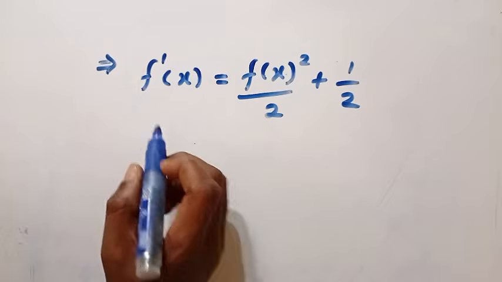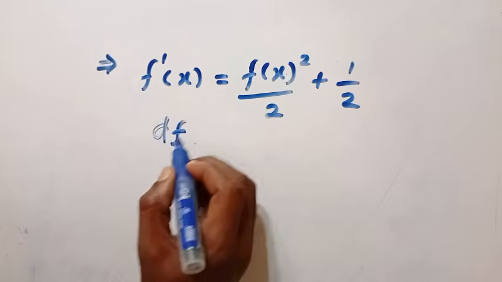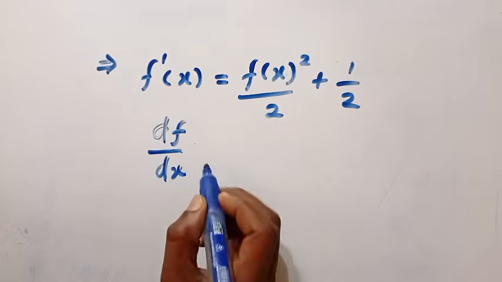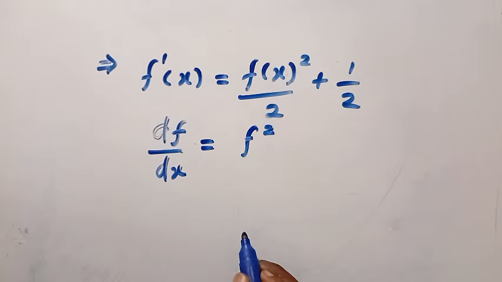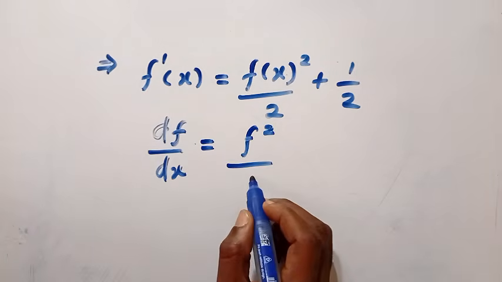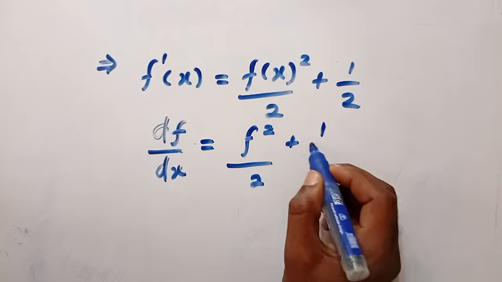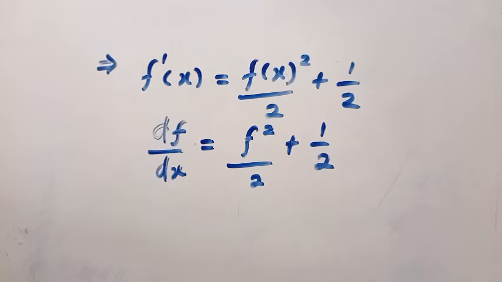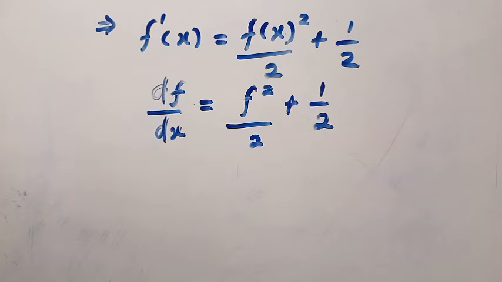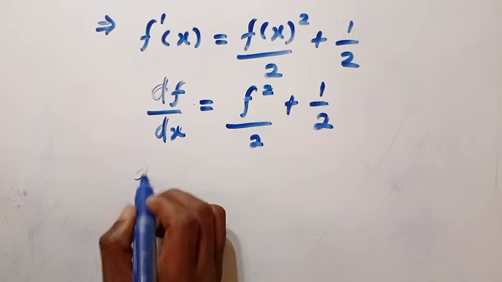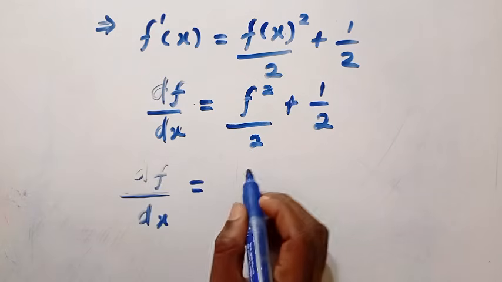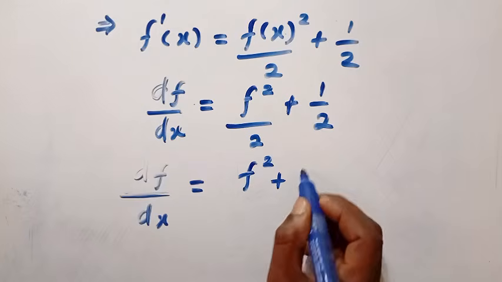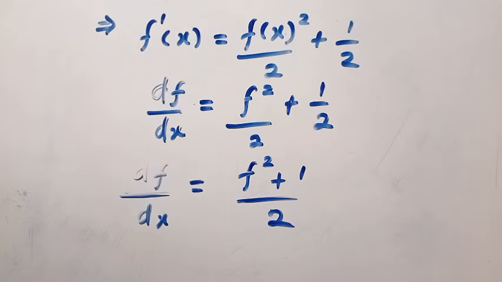So I can simply call this df divided by dx equals f squared divided by 2 plus 1 divided by 2. So these are all the same, and here we have df divided by dx equals f squared plus 1 divided by 2.